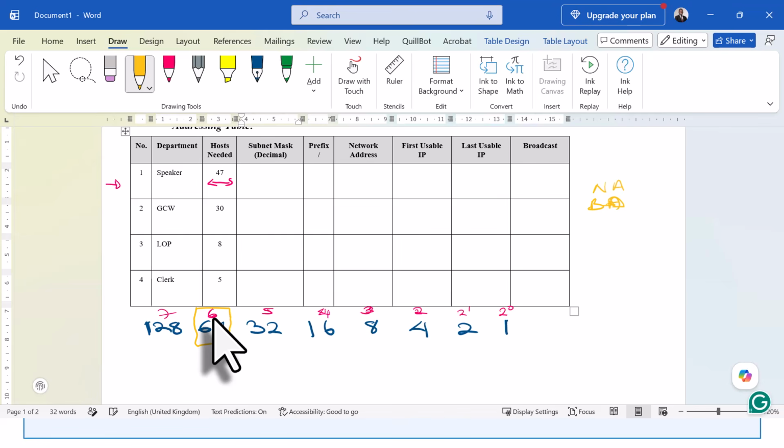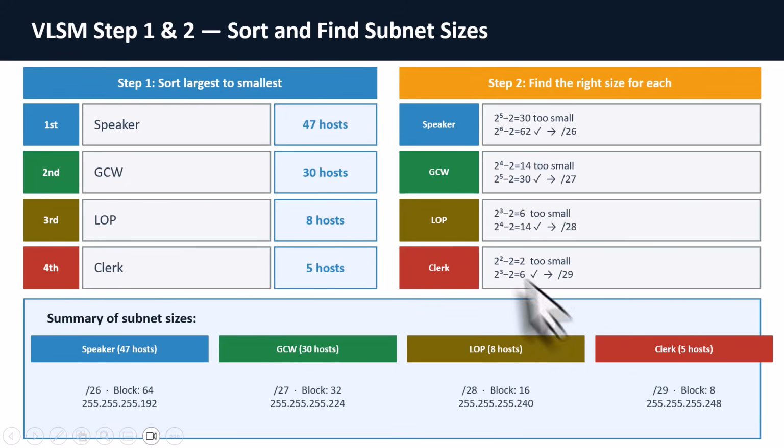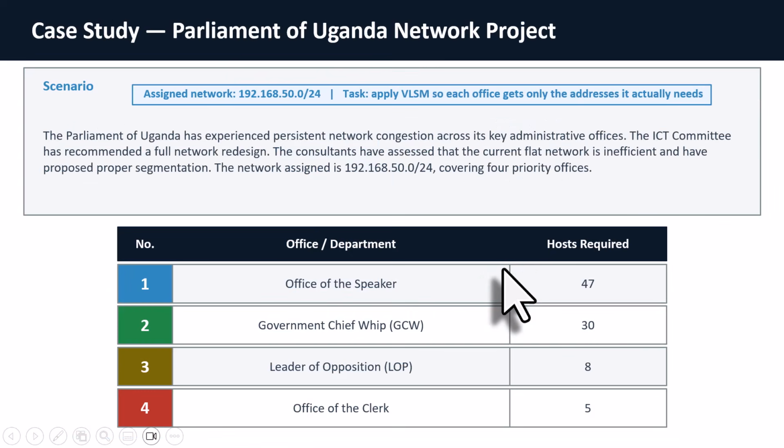All right. So now, having determined that it is 64, we look at our IP address, which was given to us, so that we perform the actual job that is before us. So let us look at the IP address. Our IP address was 192.168.50.0.